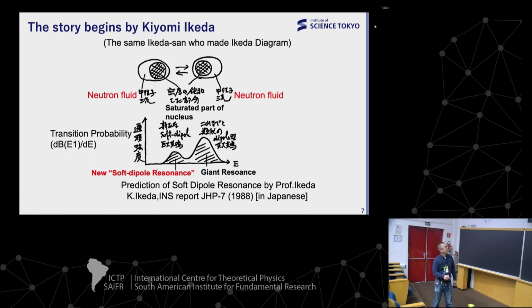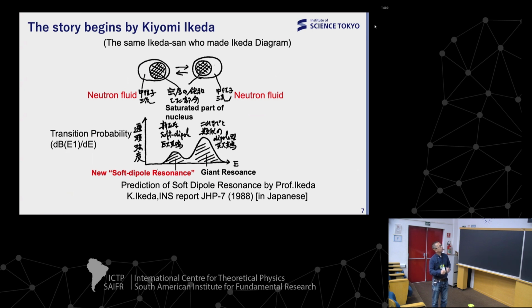But already at that time, he predicted some interesting electric dipole mode. What he said is that if you have a neutron halo-like structure, maybe there is a vibration of this core against the neutron halo. That was the first idea by Ikeda-san.